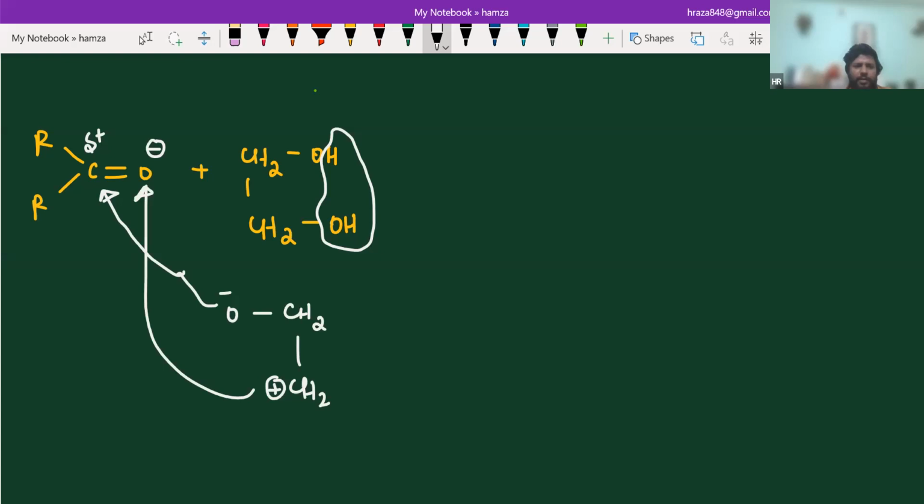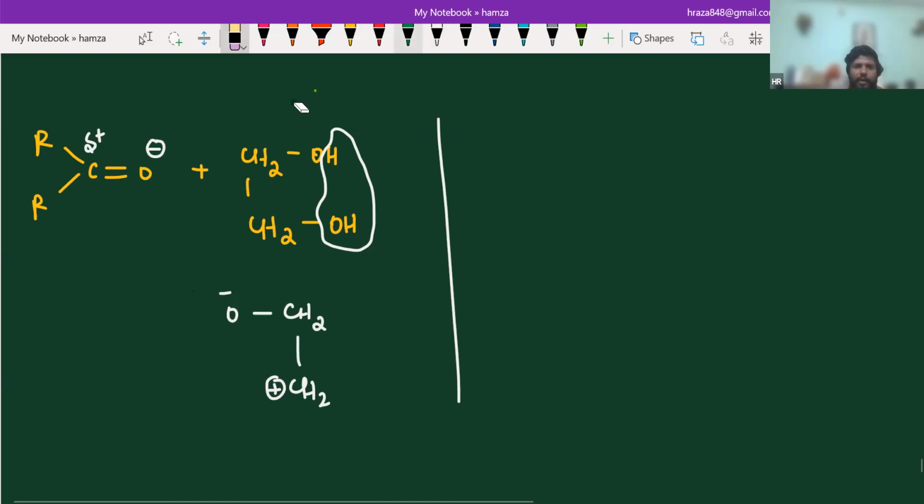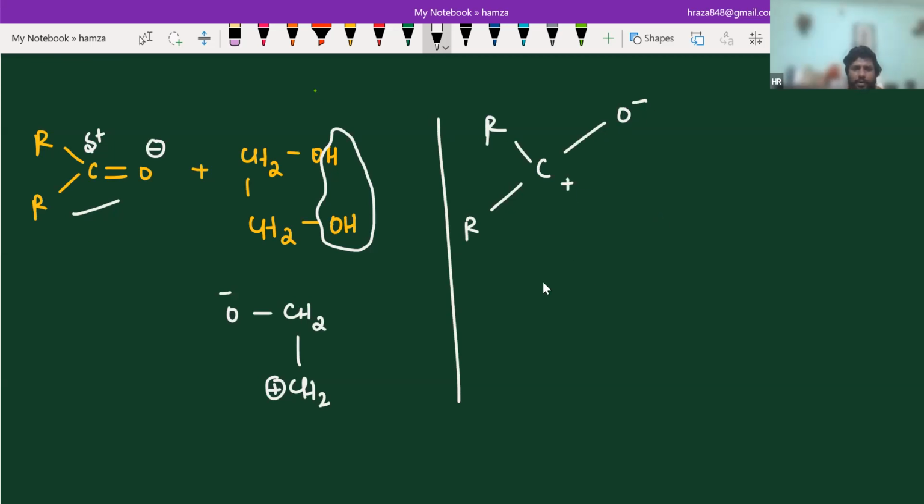You can see the paths are crossing each other, but it's not like that. I'm going to explain it and elaborate more. I'm going to write this part as R, C, R, and this will be O negative, this will be C positive because it took electron from carbon. And now I'm going to write this as CH2 plus.